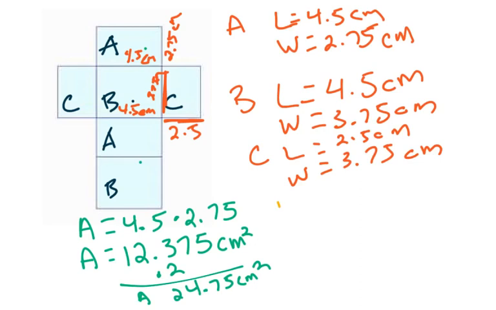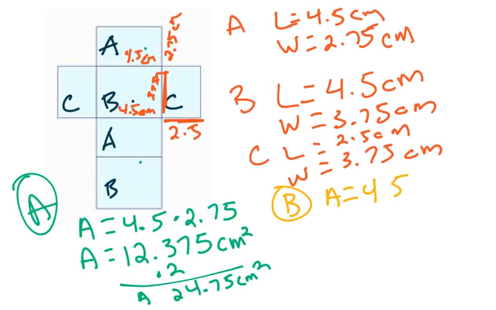B, I'm going to go yellow for B. Okay, so this was A. This is going to be B. My area is going to be equal to 4.5 times 3.75.